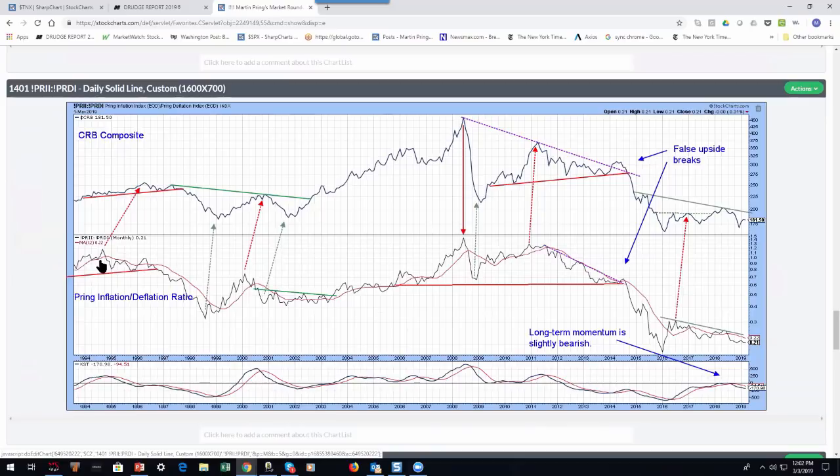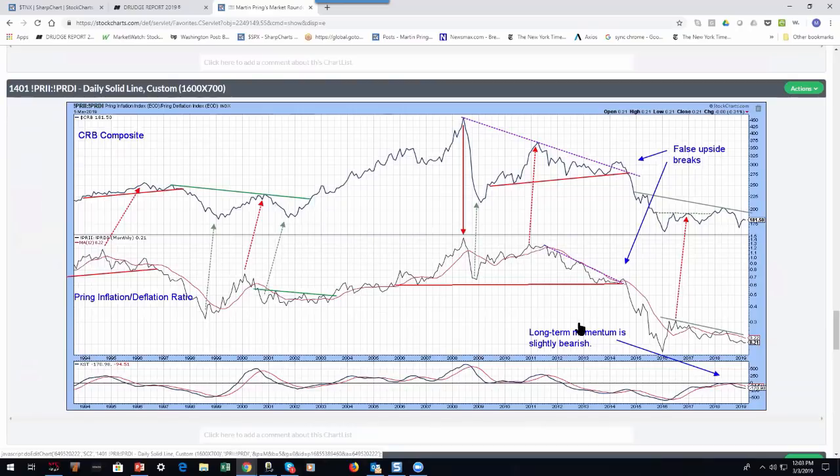Basically, what I'm trying to show here is that the stock market, in betting for inflation versus deflation sensitive stocks, is basically telling you what's likely to happen in the commodity markets, because these green arrows and red arrows represent the fact that the turning points in the inflation-deflation ratio, what the stock market's saying, have a tendency, it doesn't happen in every situation, to move ahead of what's going on in the actual commodity markets.